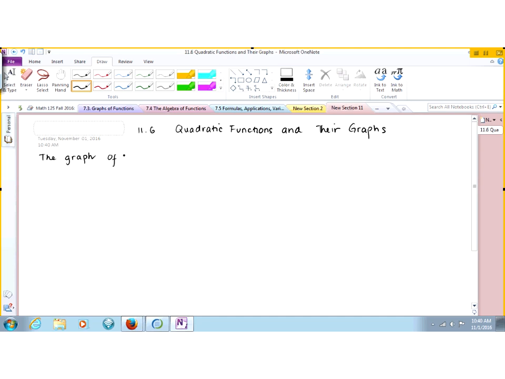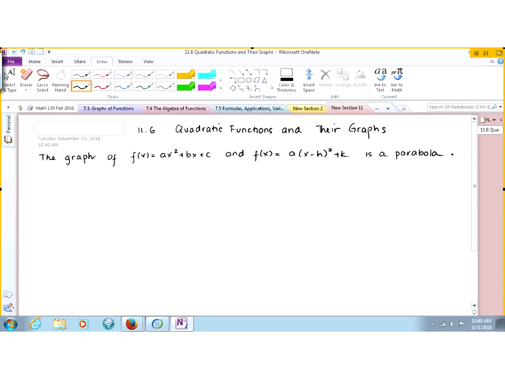There are two ways of writing the quadratic function: f of x is equal to ax squared plus bx plus c, and f of x is equal to a times x minus h squared plus k. So it is a parabola.